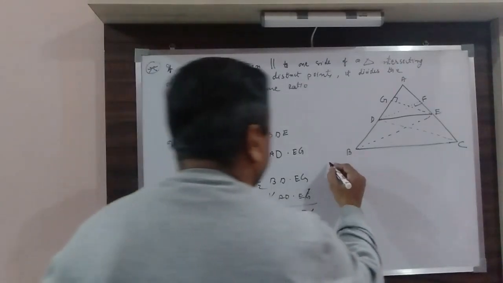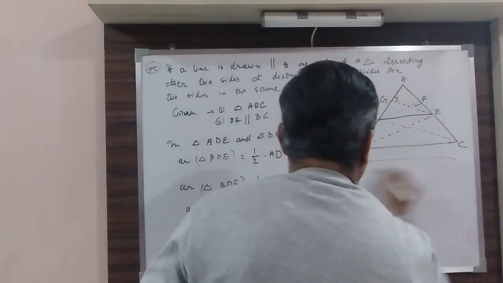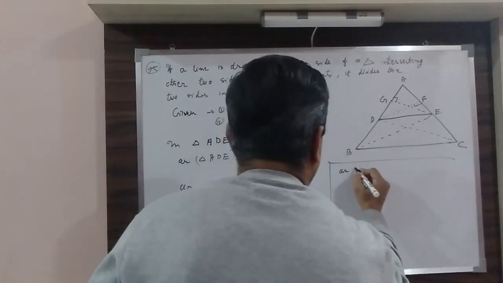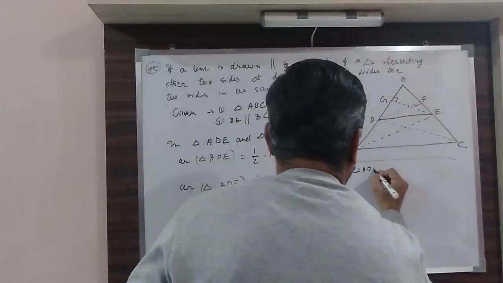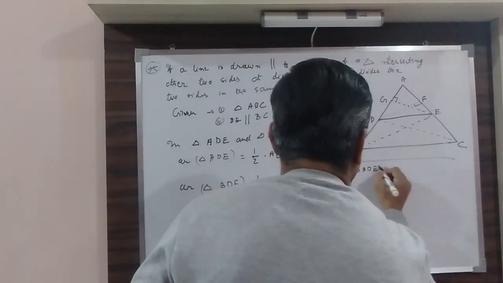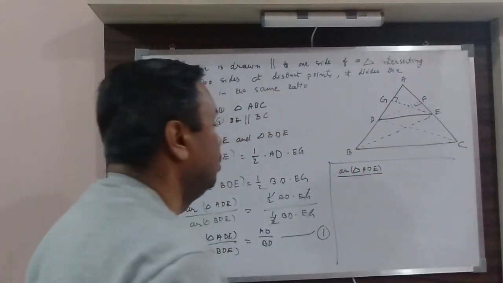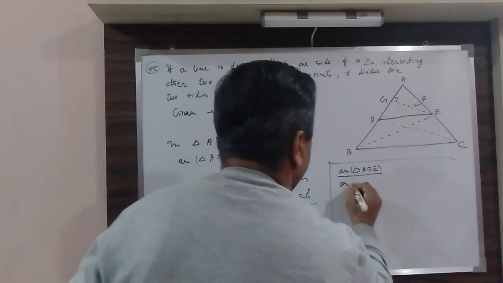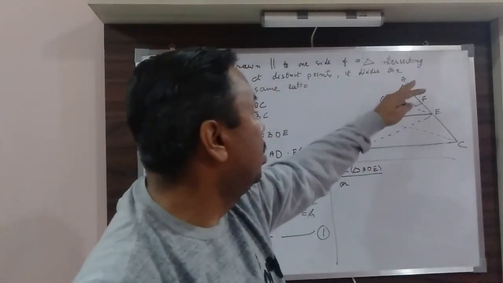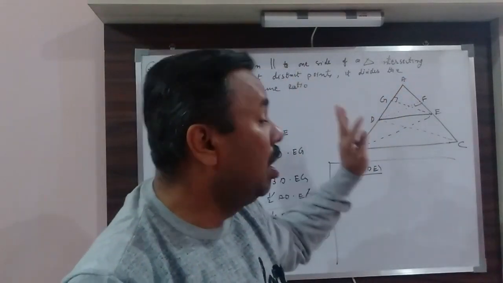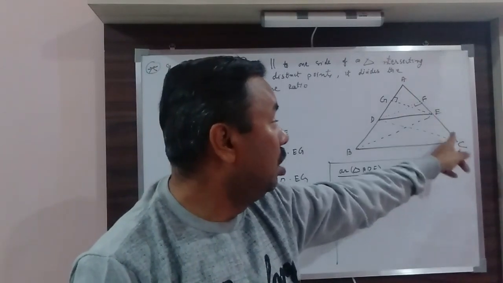Similarly, I can prove that the area of triangle ADE divided by the area of, in this case I have taken the two triangles on this side. Now I will be taking the two triangles on this side.